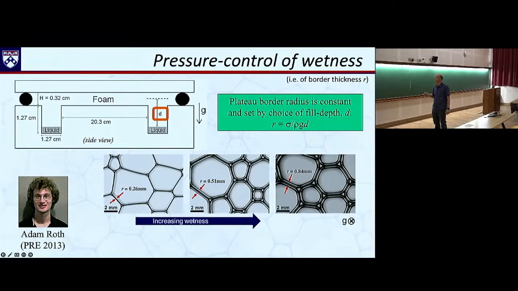And this sets a gravitational pressure head, rho g times d, with which we can control the thickness of the plateau borders just by balancing the Laplace pressure, sigma (surface tension) divided by radius, with gravitational pressure, rho g d. So by changing d, by changing the filling height of this reservoir, we can control the plateau border thickness.